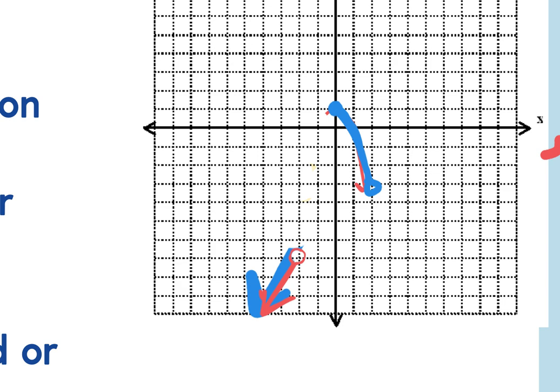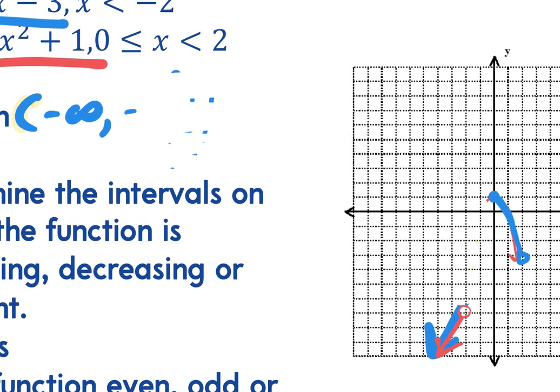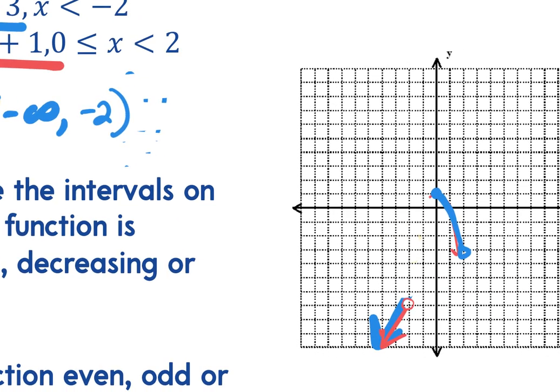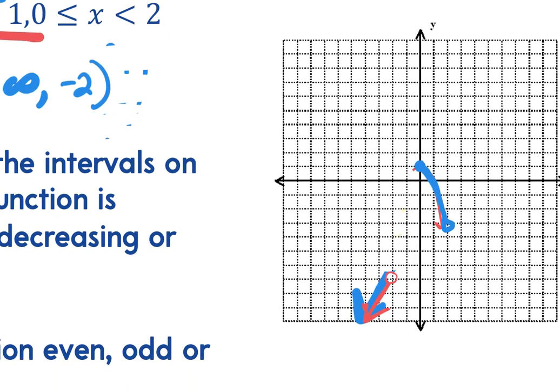Negative 2, and that's an open dot, so that's going to get a parentheses. Then there are no x values plotted on this graph until I hit 0 again. But it's a solid dot, so I start at 0. And then my furthest point to the right is positive 2, and it's an open dot, so it gets a parentheses.